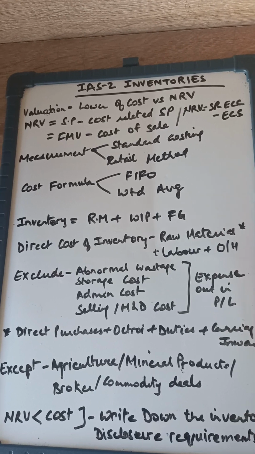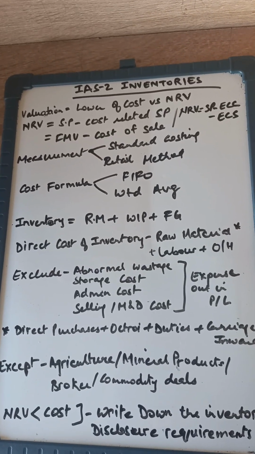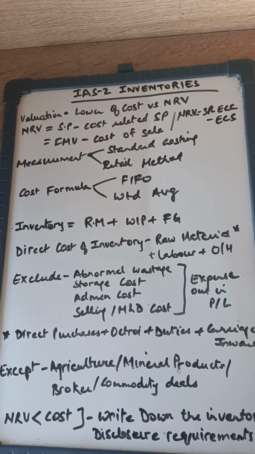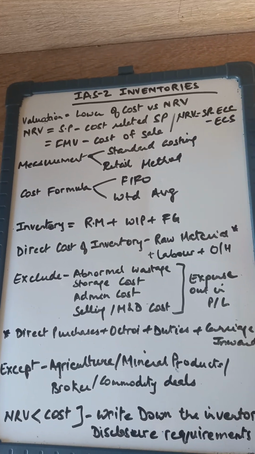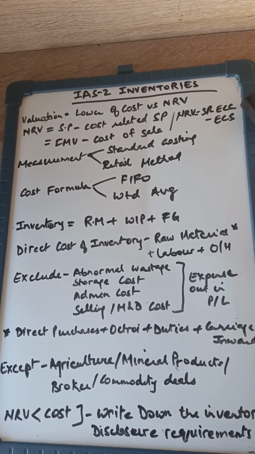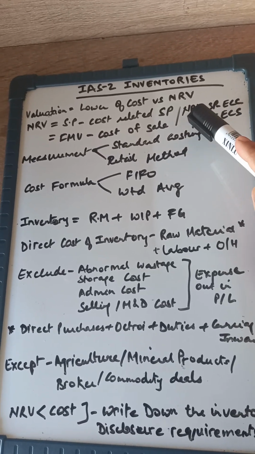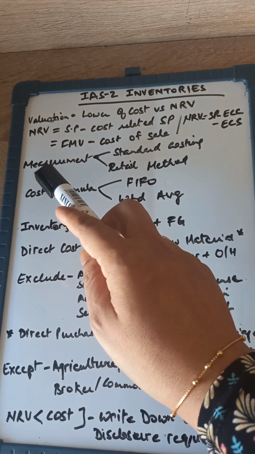If there is further cost involved in completing the inventory to bringing it to its condition for sale, then it is estimated cost of completion. So from selling price, if you deduct the estimated cost of completion and then deduct the estimated cost of sale, that is also NRV.